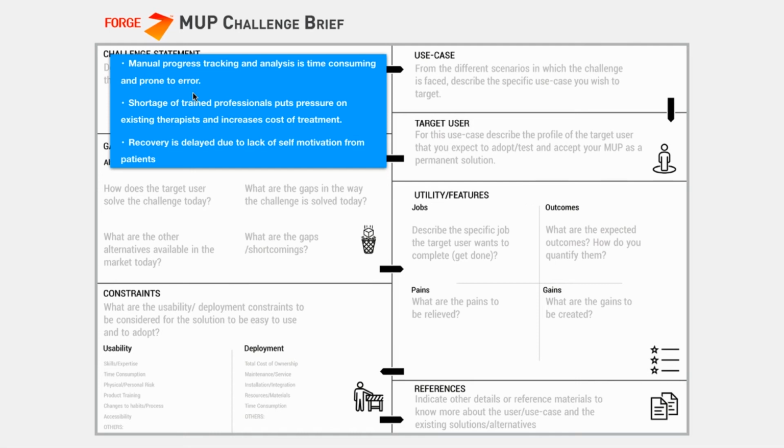It is, of course, rehabilitation of stroke affected patients. But after our problem validation and customer discovery, we can very clearly say, based on the inference drawn and secondary research conducted, that the manual process of tracking and analysis is a time consuming effort for physiotherapists and doctors.